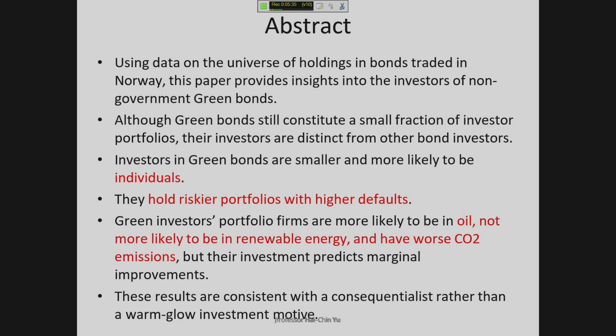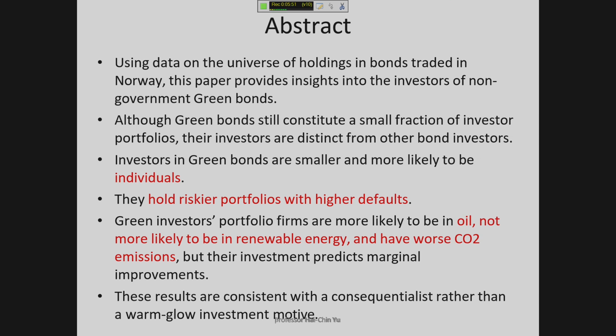And they find that green bond holders have a riskier portfolio compared with traditional bond holders, and they have higher default rates too.